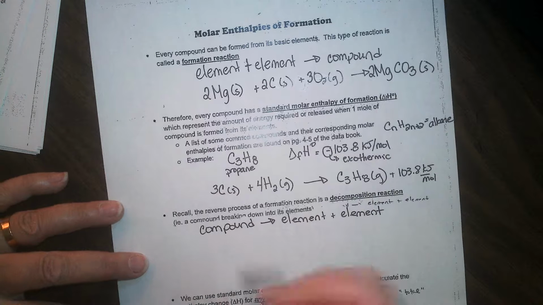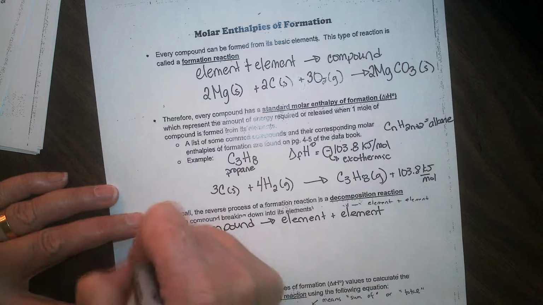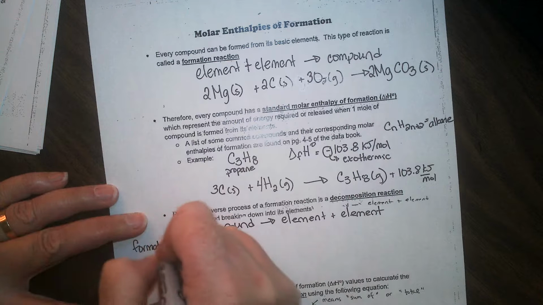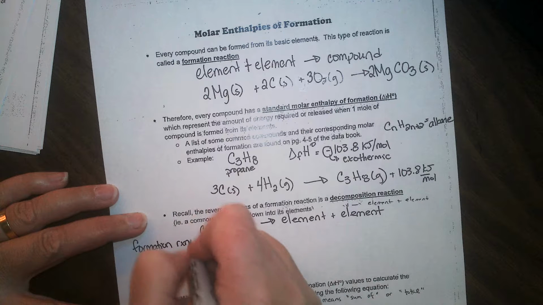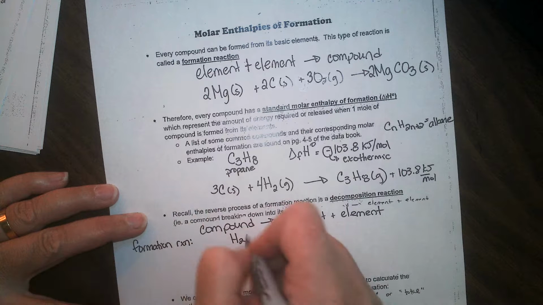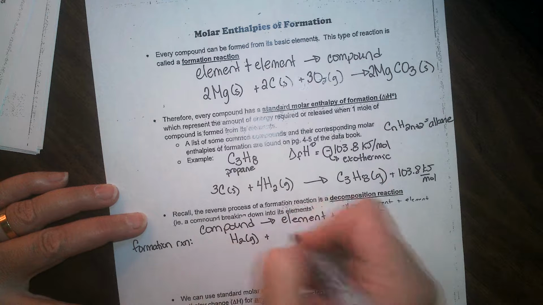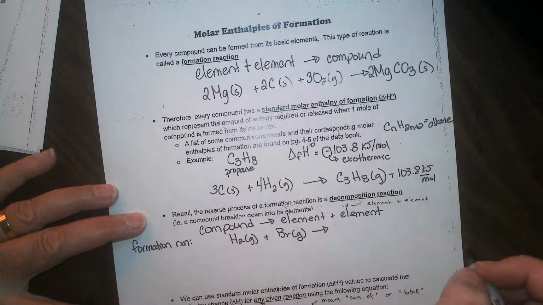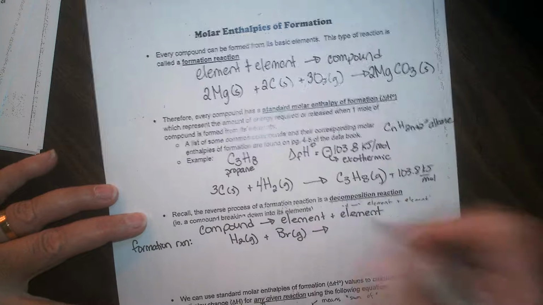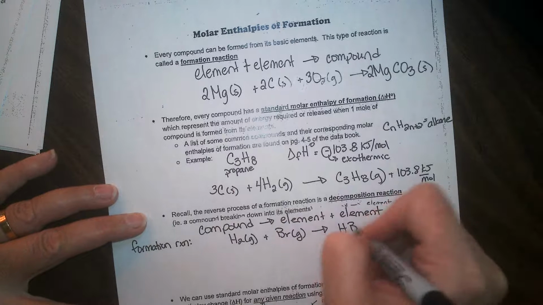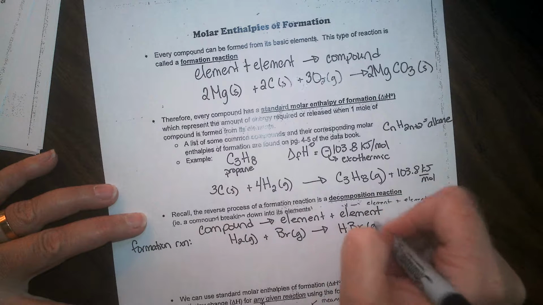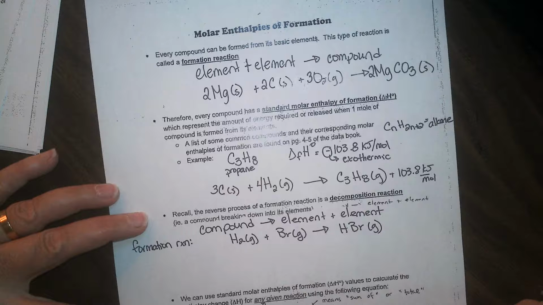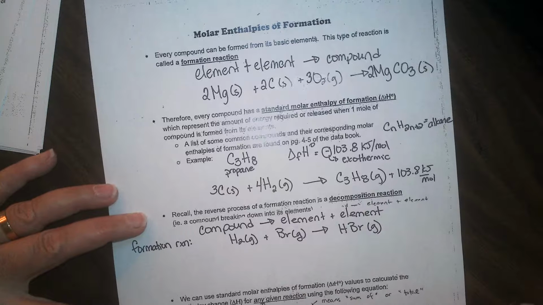So if we had the formation reaction, I'm just going to write this. Formation reaction. We took hydrogen and bromine. And I know that I just said bromine is a liquid. It's a liquid at room temperature. Same as mercury. It's a liquid at room temperature.